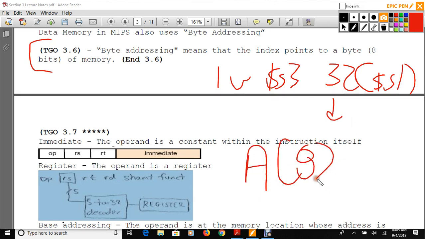Does that make sense? So if I had A of 8, you multiply that by 4, that gives you the initial byte in this byte addressing concept. And then you do 32, 33, 34, and 35. And that is what is loaded into a register.